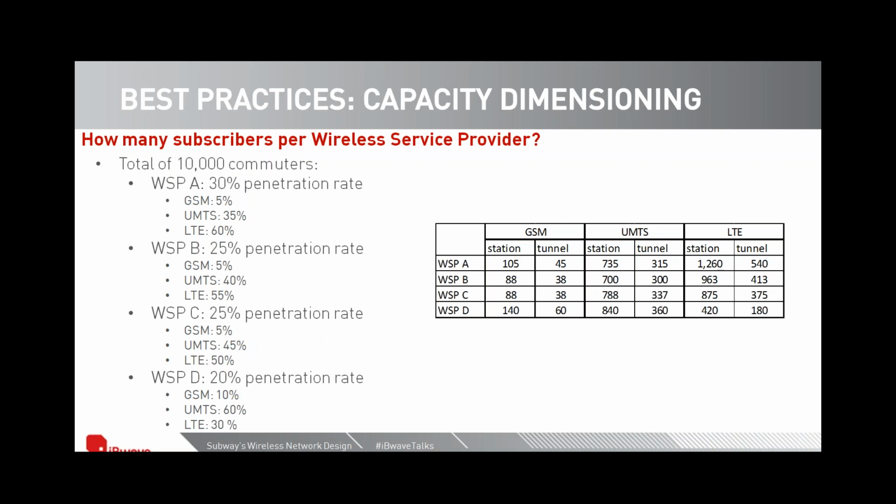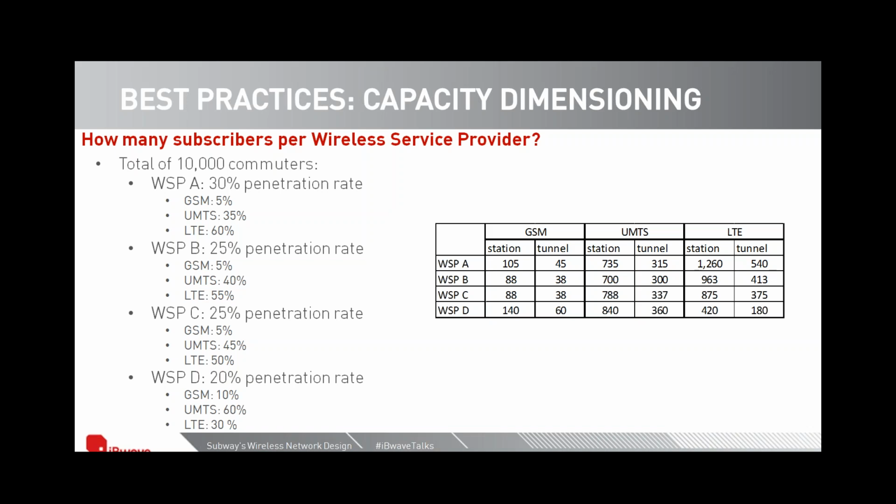The next step: we have mentioned that there are 4 wireless service providers, and we need to figure out, of those 10,000 commuters, how many of them go to wireless service provider A, B, C, and D. The first step is to find out the subscriber penetration rate, and this is public information. Wireless service providers, or operators, are public companies, and they file securities exchange information every 3 months.